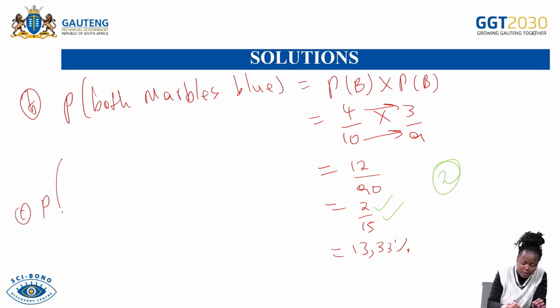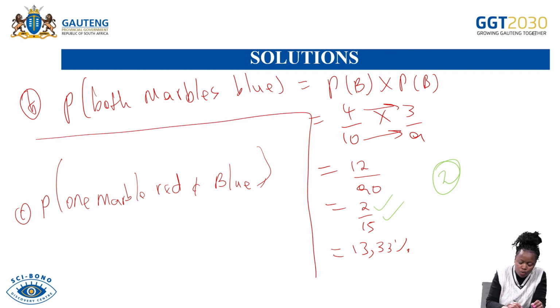The probability of getting one marble being red and the other being blue, ne? I'll just go down when I'm writing it because this side I don't have space anymore. So you say it's going to be the probability of getting a red marble and a blue marble, ne? Remember, when you go down, then you add. Then you say plus the probability of getting a blue marble and a red marble.